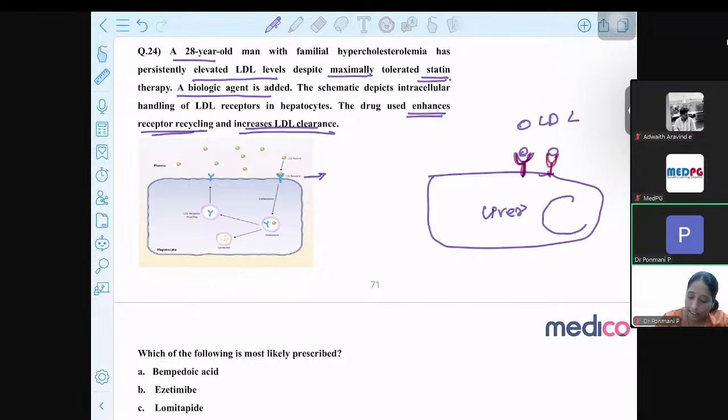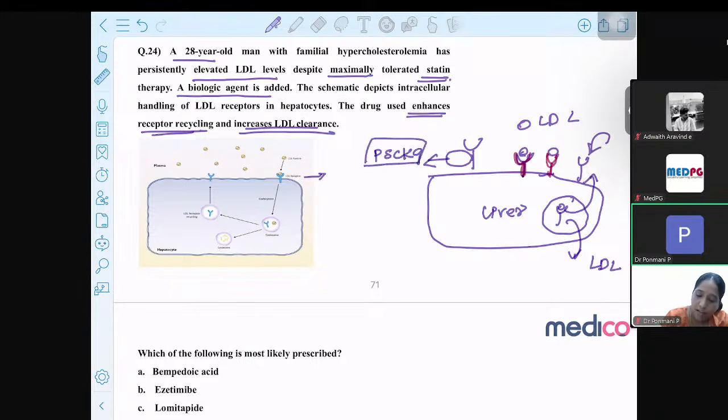And once it takes, it will cause degradation of the LDL and the receptor should come back to the surface for receiving the new LDL molecule. But what happens, most of the times, this LDL receptor will be combined to a compound which is called PCSK9, which is proprotein convertase subtilisin kexin type 9.